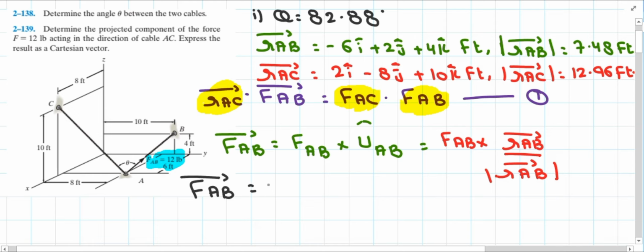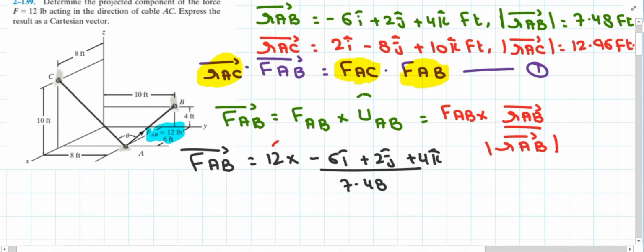So the vectorial form of force AB is equal to the magnitude of force AB, which is 12, times the position vector of AB, which is negative 6i plus 2j plus 4k, divided by its magnitude, 7.48. So multiply 12 with negative 6 and divide by 7.48. It is equal to negative 9.62 i cap.